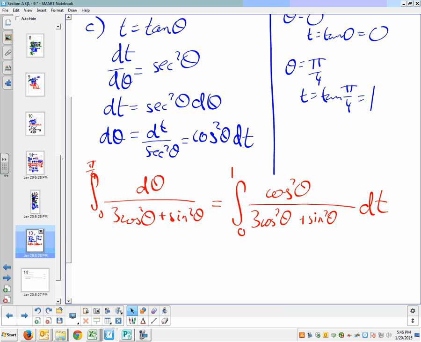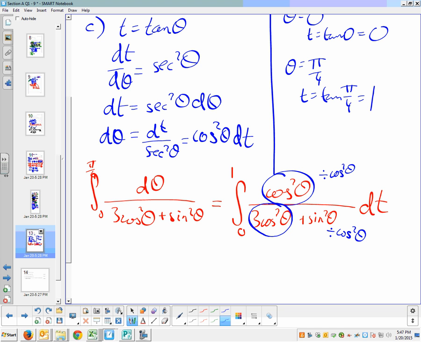So there's a neat little trick you can do with questions like this to make everything easy for yourself, which is I'm going to divide top and bottom by cos squared theta. Doing that doesn't change anything, but it'll get rid of this cos squared theta, turn it into 1, brilliant. It'll get rid of that one, turn it into 1, brilliant. And it'll get rid of that and turn it into tan.